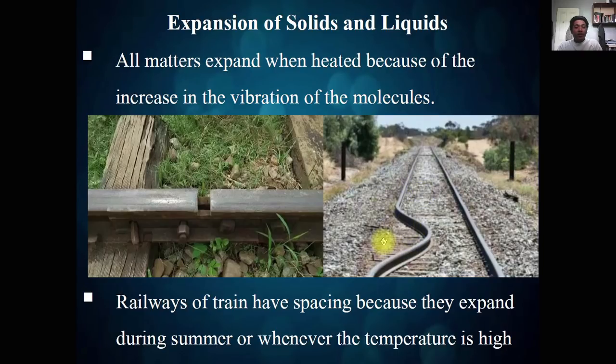Railways have spacing because they expand during summer or whenever the temperature is high. In our left image, we have two metal bars as a railway. When exposed to a very high temperature, they expand, and the gap in between prevents them from being bent.